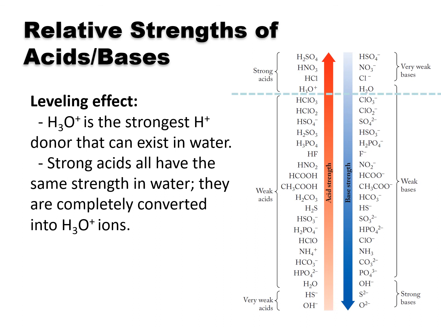It's a sort of ceiling effect, because the actual acid that I have in solution is going to be H3O+ for all of them. So this is what is referred to as the leveling effect of water. So somehow the solvent determines my ability to distinguish between the relative strength of several acids.